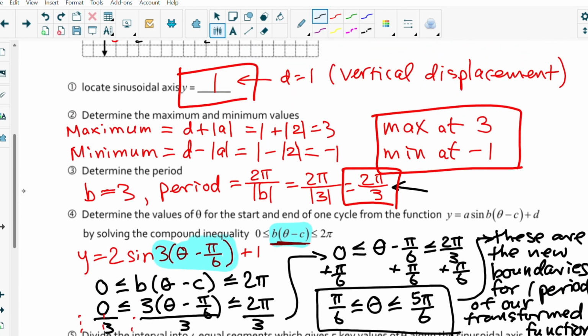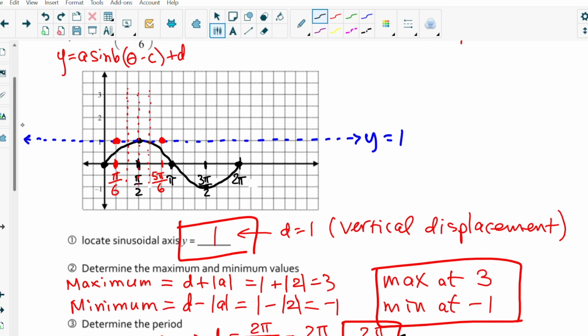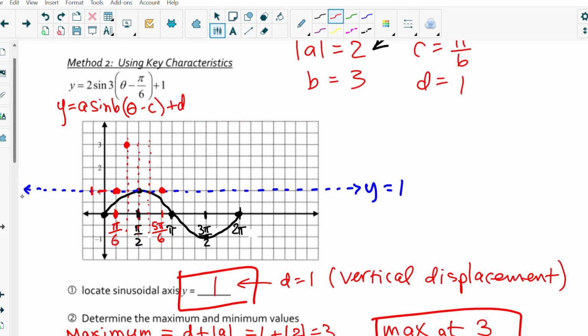Well, how do I know it's 3? Well, I know my amplitude is 2. So how do I plot this? Next section up, here's the sinusoidal axis. Go 1, 2, and there's my amplitude of 2. There's my second point.